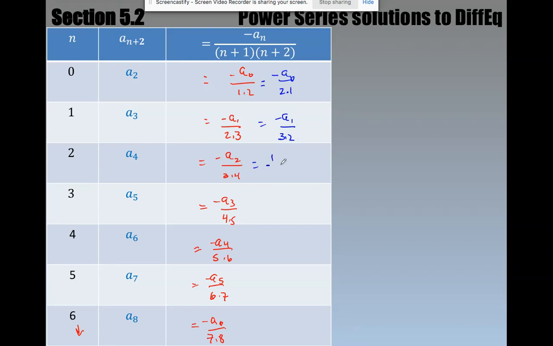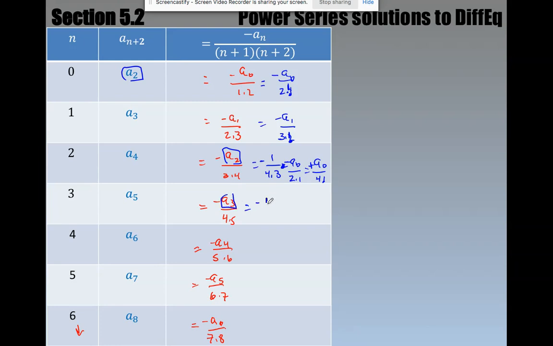So this is 1 over 4 times 3 times a sub 2. Right? Isn't this 2 factorial, and this is 3 factorial, and this is 4 factorial? Can you see what's going to happen? Whoops, I'm sorry, I lost the negative here. This was negative, so this one was positive.